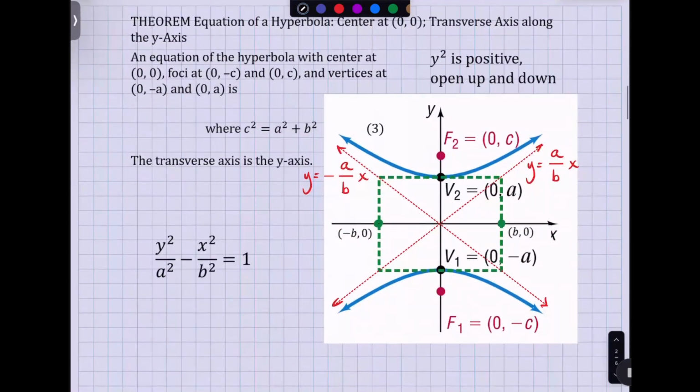So here the y squared is positive. So notice that the a squared is always underneath the positive one. It always comes first. Always underneath the positive square term.